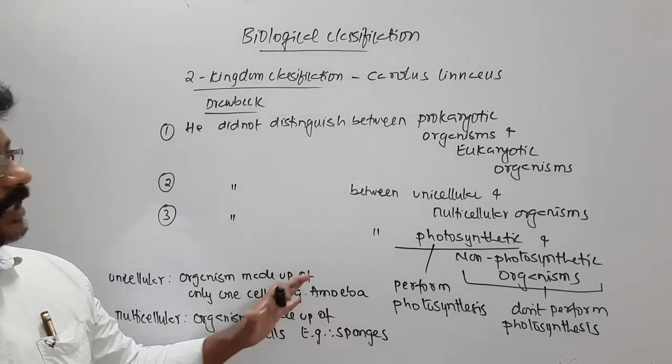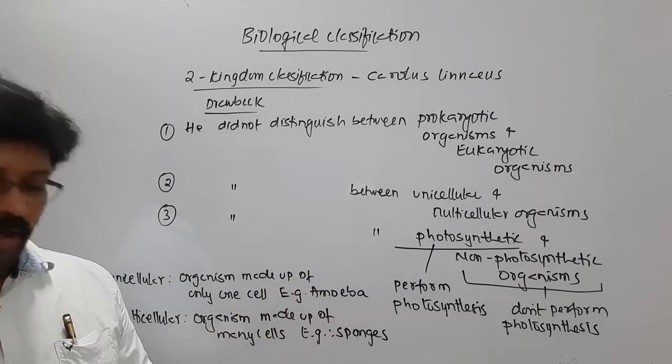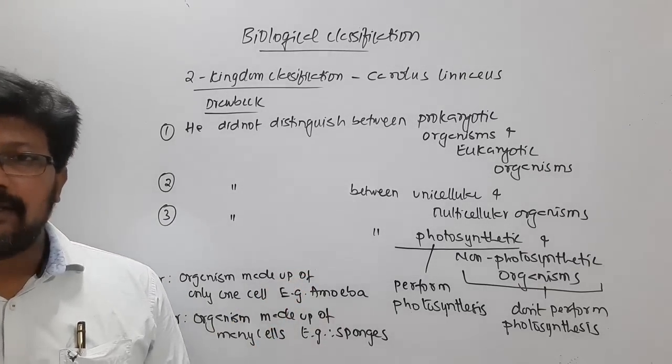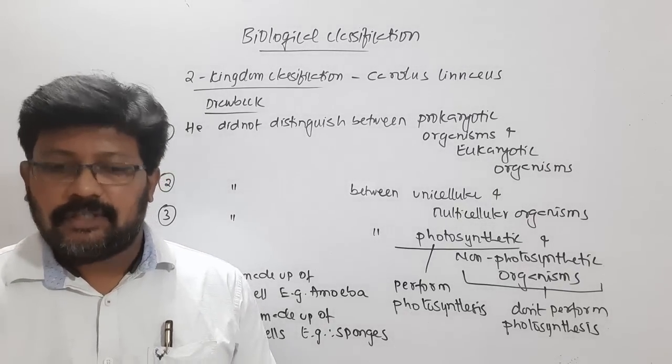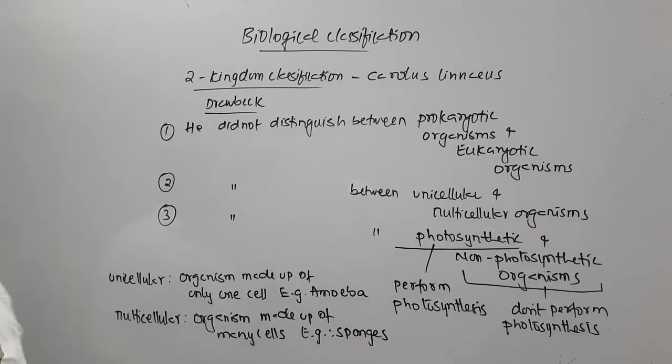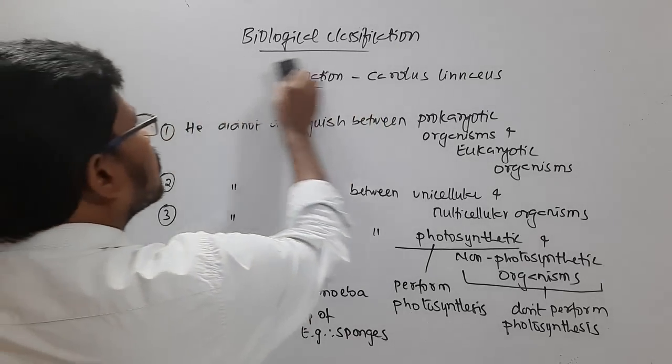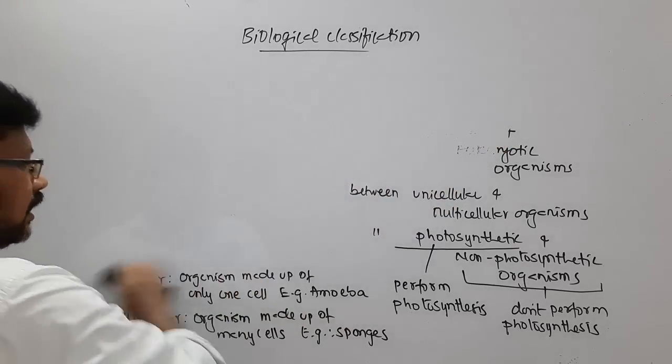Okay, so these are the drawbacks which were rectified in R.H. Whittaker's five kingdom classification. So now we will see R.H. Whittaker's five kingdom classification.